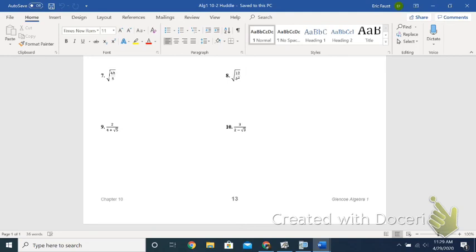So 2 root 5h with a 5 in the denominator. 8 is 2 root 3 over b. 9 is 8 minus 2 root 5 over 11. And 10 is 6 plus 3 root 3.